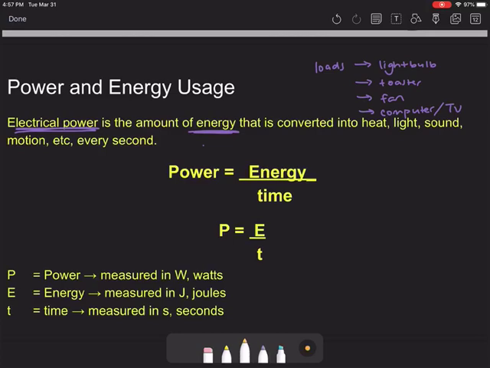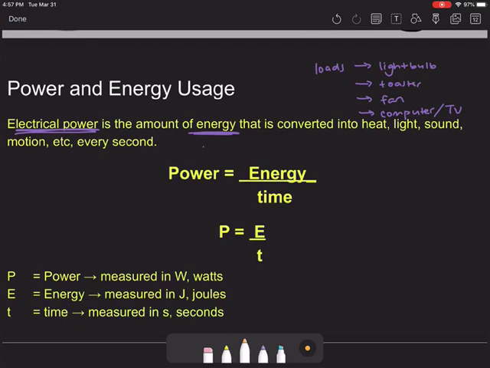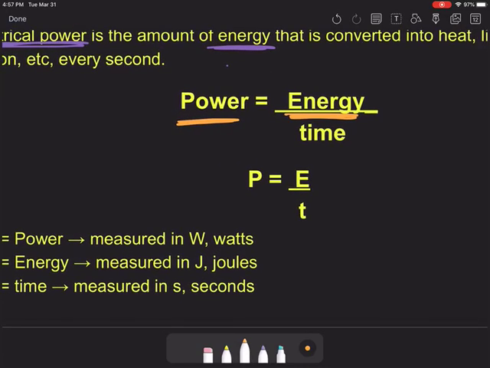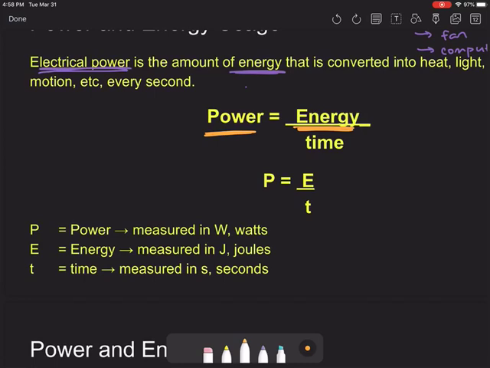So here, we're introducing two variables. We're introducing power, we haven't seen that before, and energy. Okay? Time, we know what that is. So here P stands for power, E stands for energy, and T for time. But we've already seen time in our current equation.